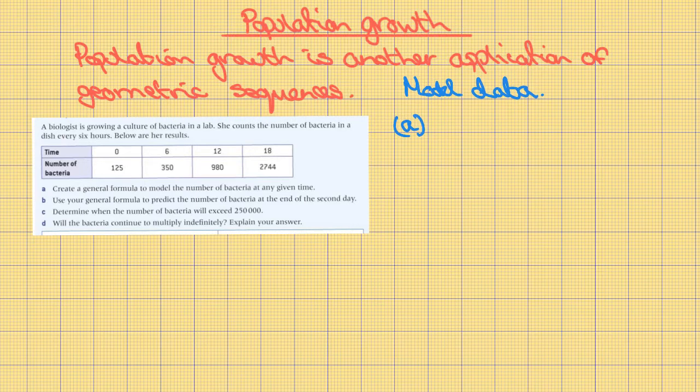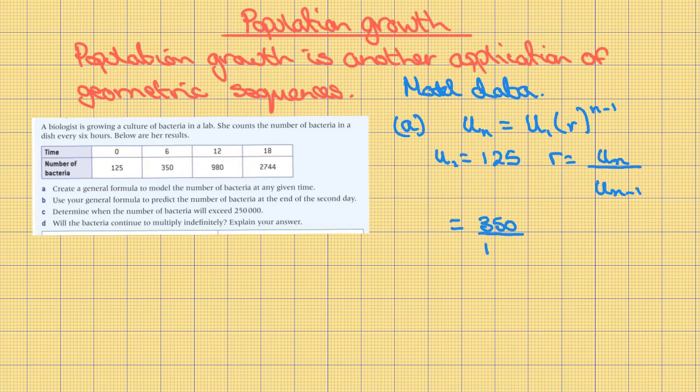In order to find the nth term, u_n, for a geometric sequence, it is equal to u_1 r to the n minus 1. u_1 is the first term, which in this case is 125, and r is u_n, any term, divided by u_(n-1), the term before, which is equal to 350 divided by 125, which is equal to 2.8.